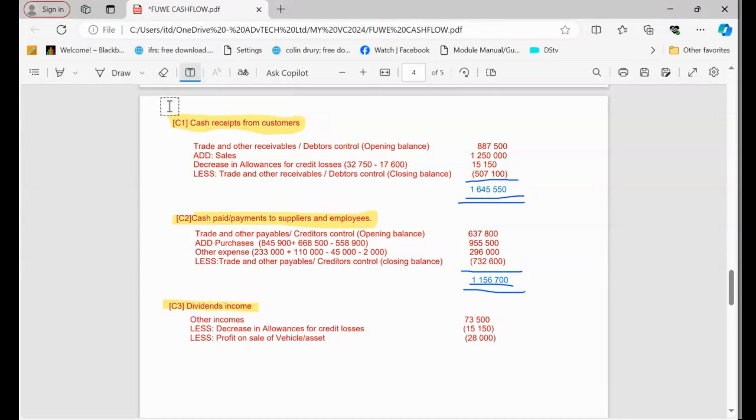The remainder will be the dividends. How much? It will be 30,350.